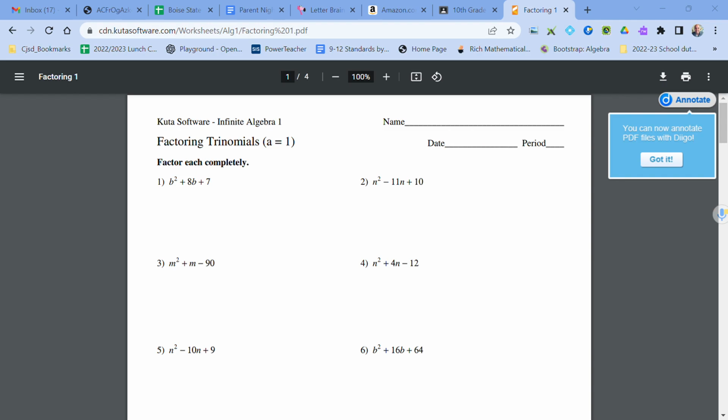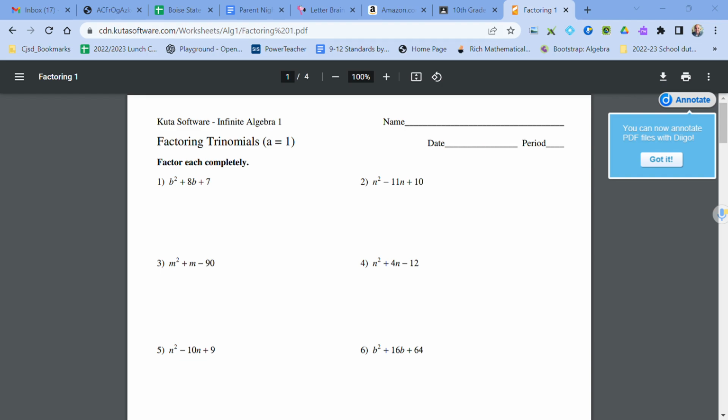And here's the key: this has a positive 1 in front. So here's my key question: what numbers, let's say A and B, will multiply together to give me negative 90, but when they add together, A plus B, give me positive 1? I'm trying to figure that out. What numbers multiply together to get negative 90?